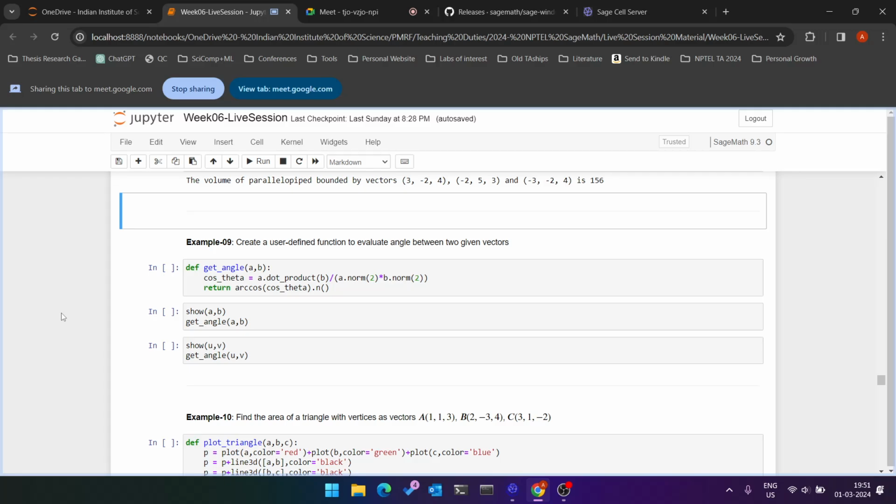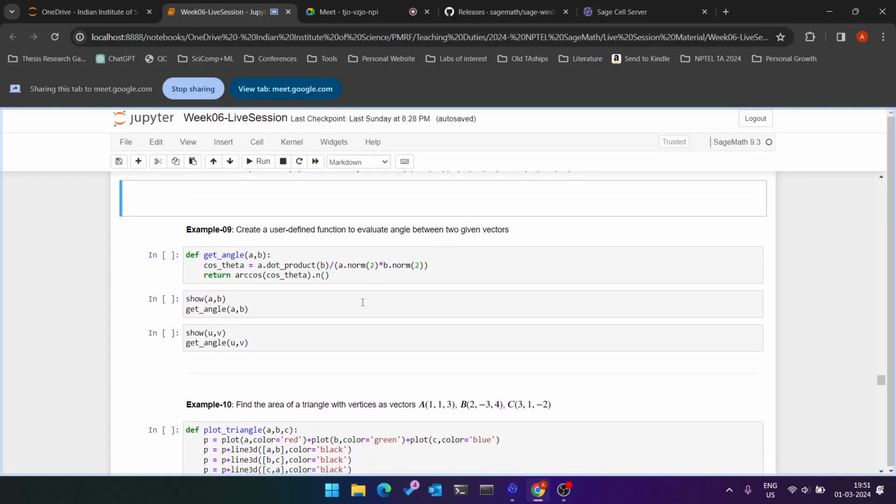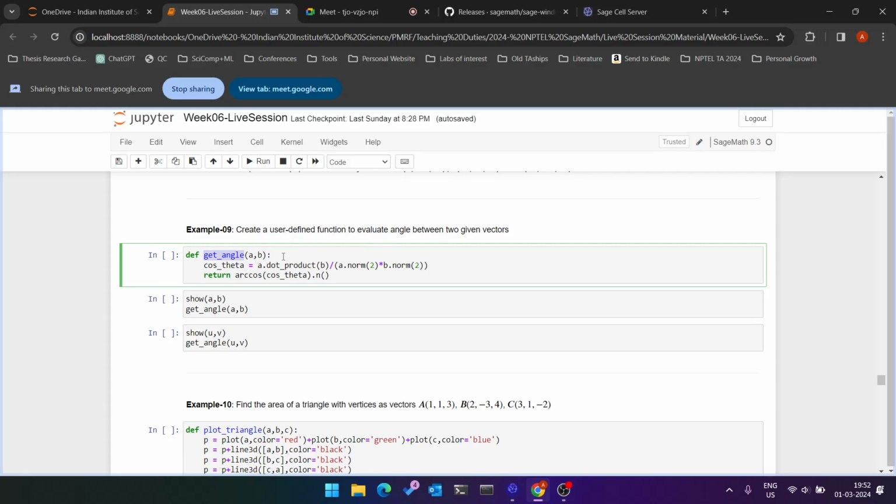Next we have been asked to create a user-defined function to evaluate the angle between two given vectors. The function that we are defining I have given the name getAngle, and the logic that we are using is the angle between two projections.